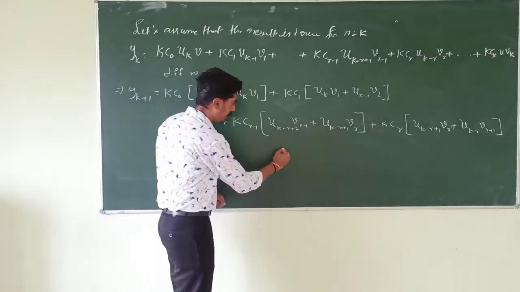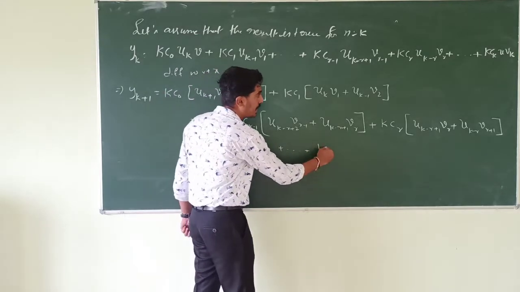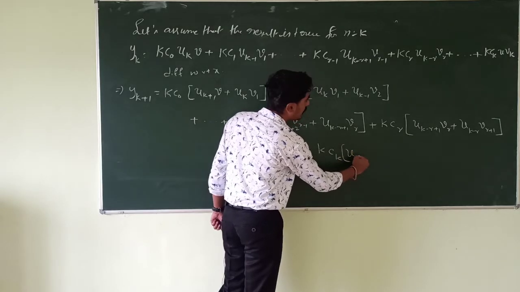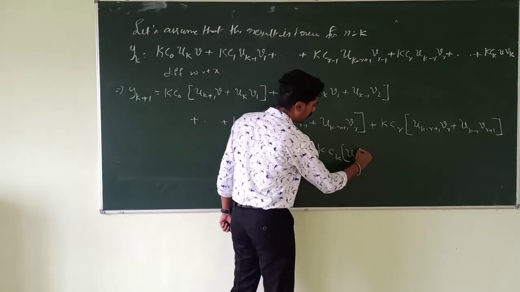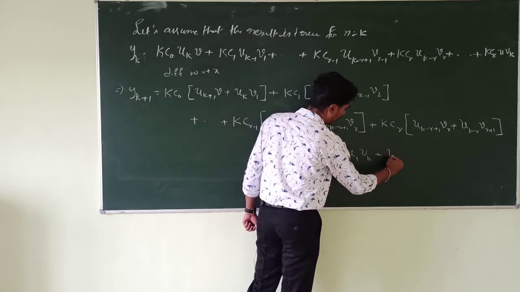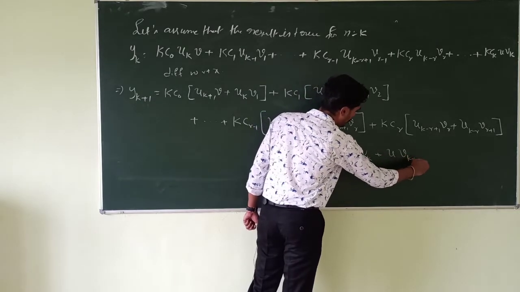And the last term, if I differentiate, I get kCk into u1 vk plus u vk plus 1.